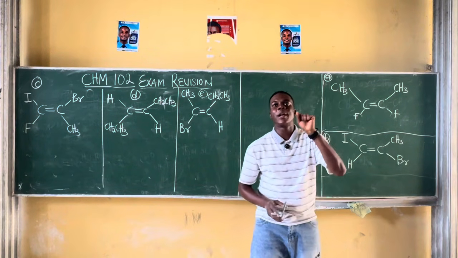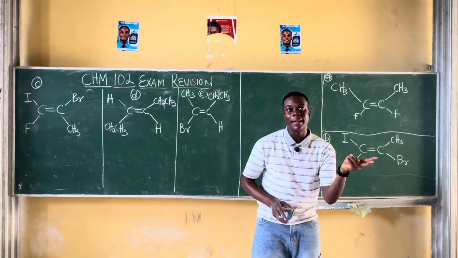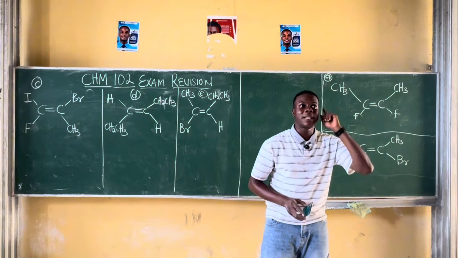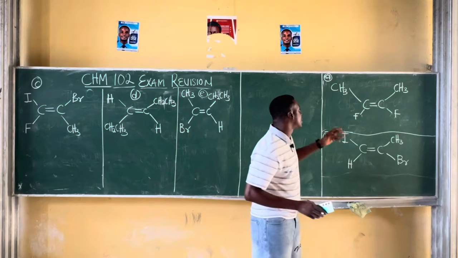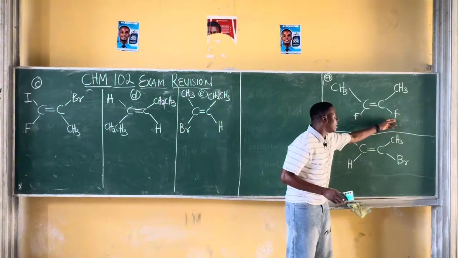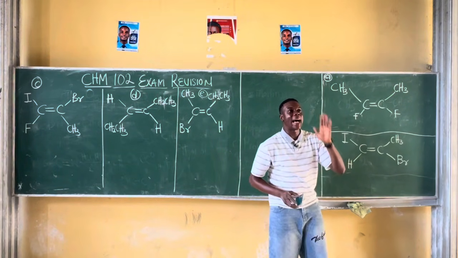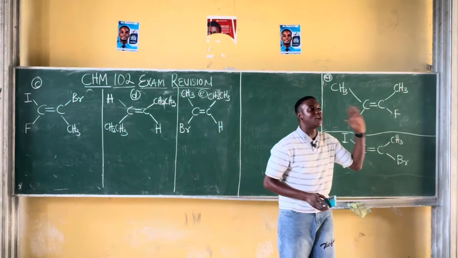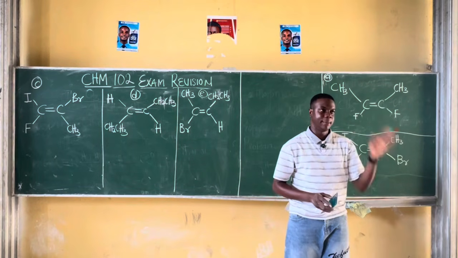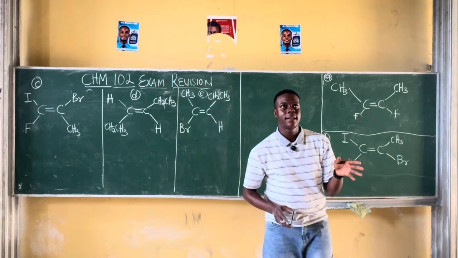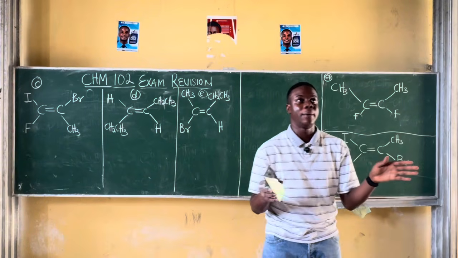Because of that, we're going to make use of E/Z naming. If you say cis, you talk about the position of the fluorine, but following the acceptable IUPAC standard, we are going to use Z naming. I hope you're on the same page now.